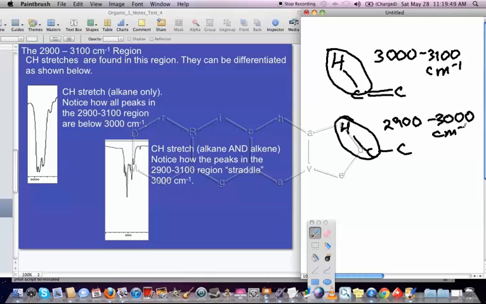A lot of this has to do with the strength of the bond. Because this bond is shorter, it tends to be stronger because of the sp2 hybridization. This is sp3, so it's a longer bond, not quite as strong, so it will vibrate at a lower frequency.